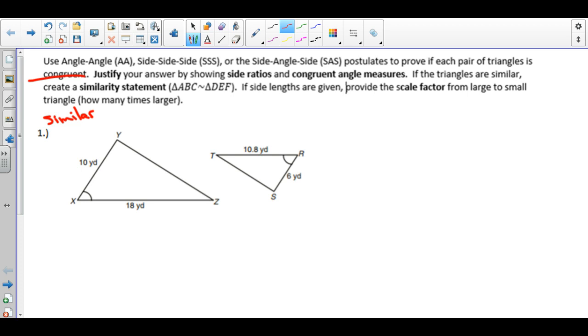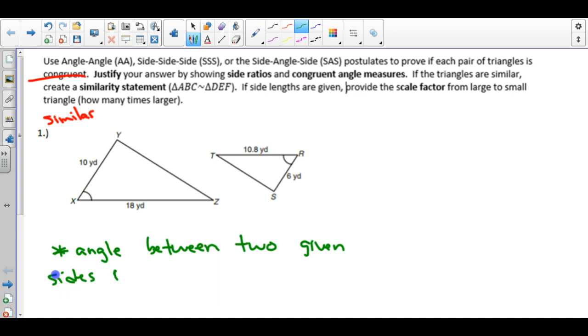So what I want to do first here is see that I have these two sides that are given in each of the triangles, and we have an angle between them. So maybe make a note of this on the note side, that the angle between two given sides is called the included angle.